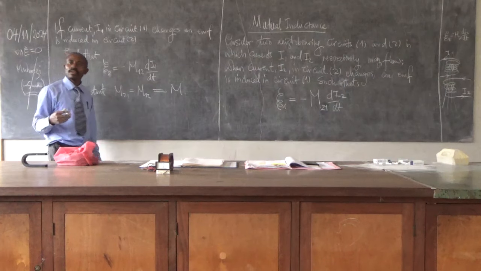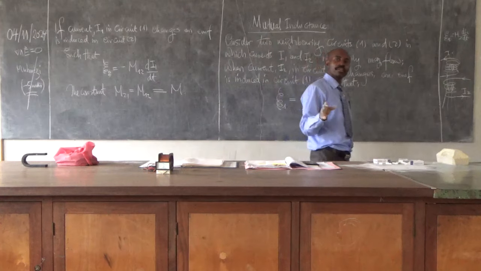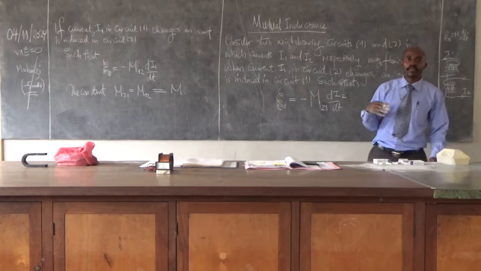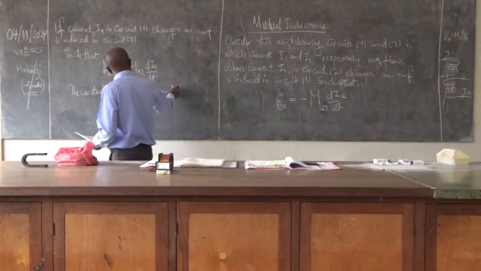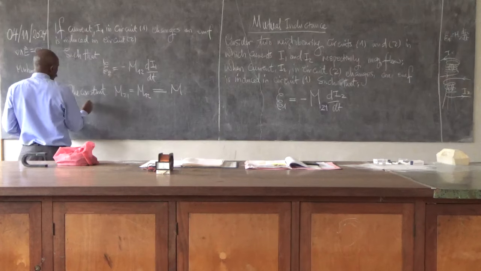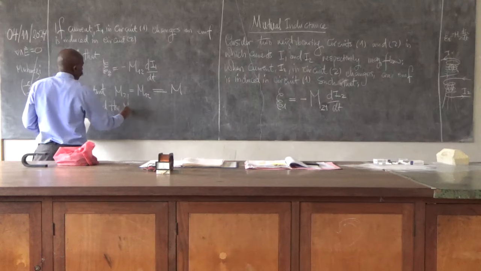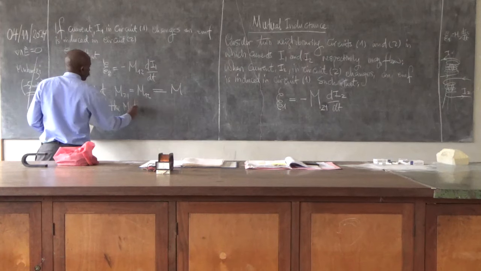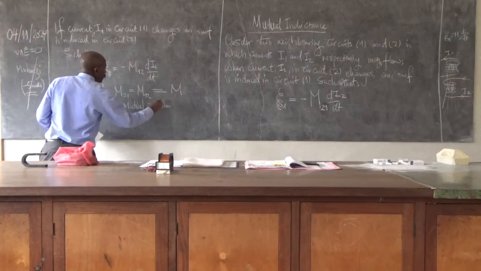If it is beautiful, it is beautiful. It benefits all of them. If it is toxic, it hurts both of them. And then this M here is called the mutual inductance.